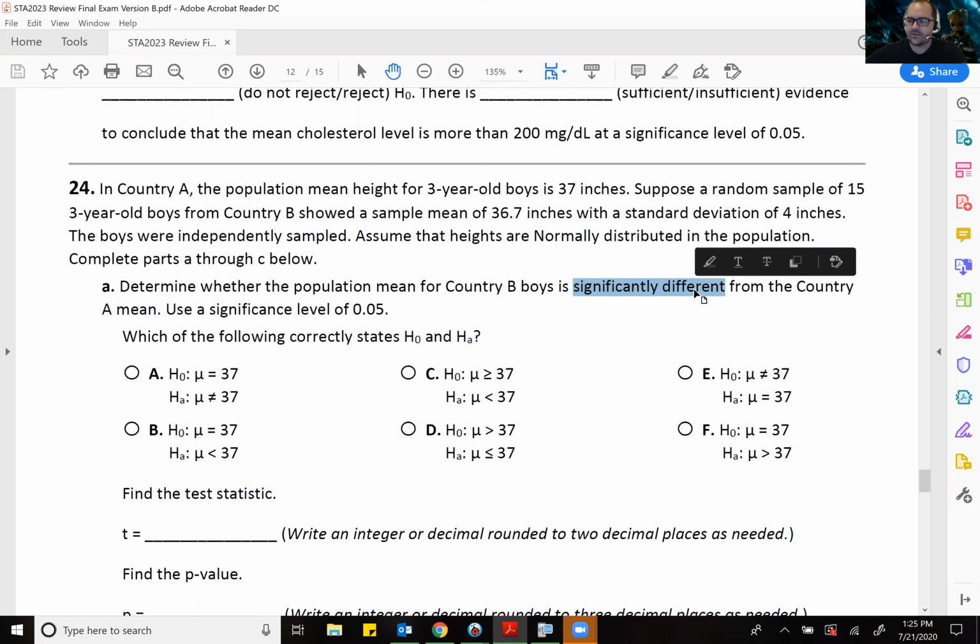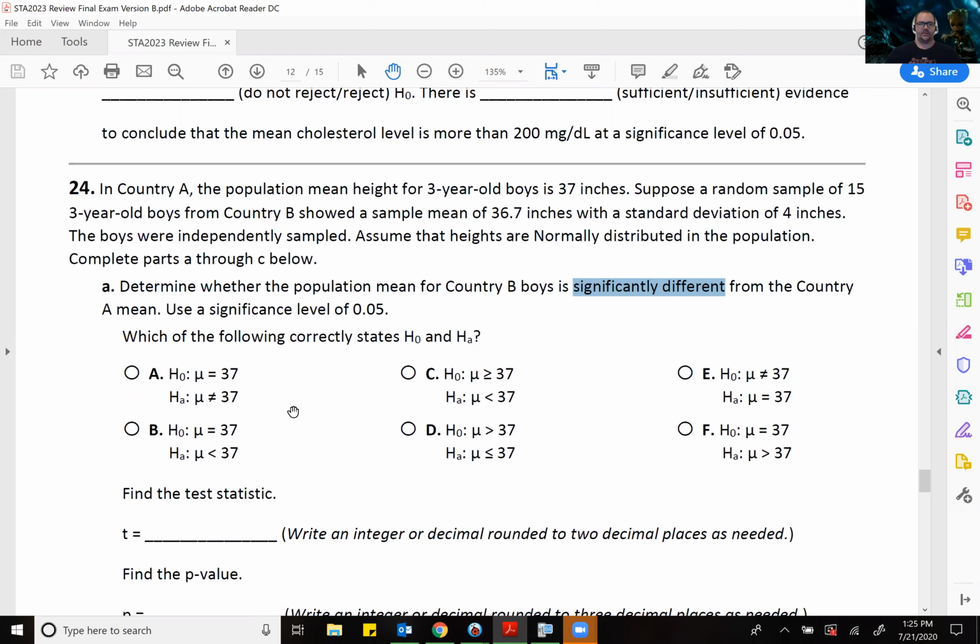So our Ha is that mu is not 37, or in other words, not equals, which means we want to choose A as our choice, because we do not want it to be equal to 37.